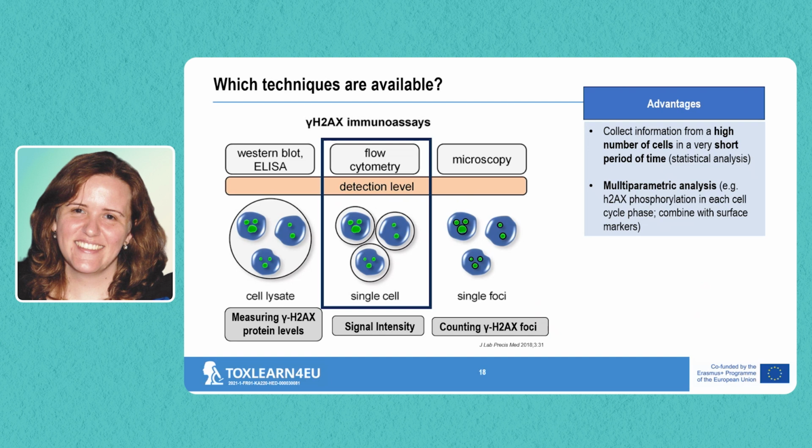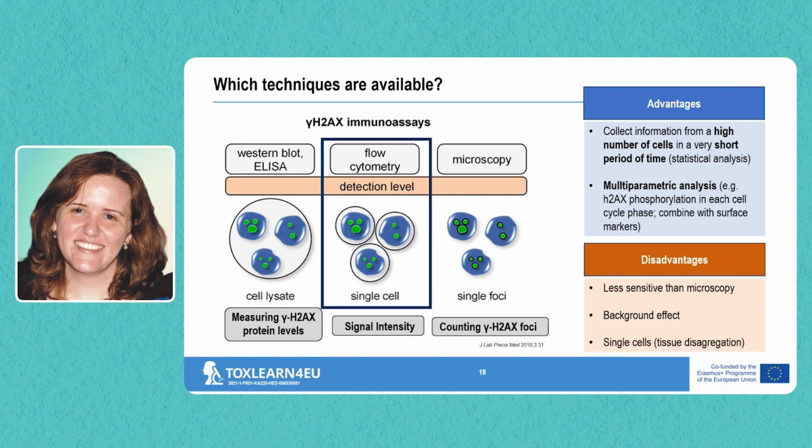And at the same time, we can use multiparametric analysis. As you have seen before, one of the possibilities of flow cytometry is to use different fluorochromes. So there are many researchers that do H2AX phosphorylation at the same time that they are analyzing cell cycle, for example, or apoptosis.